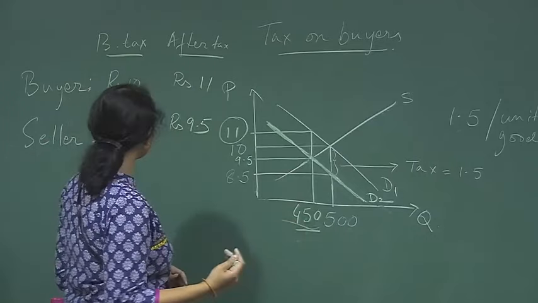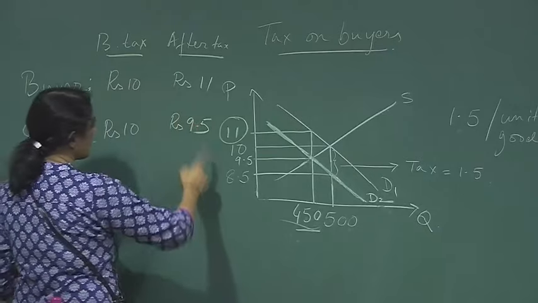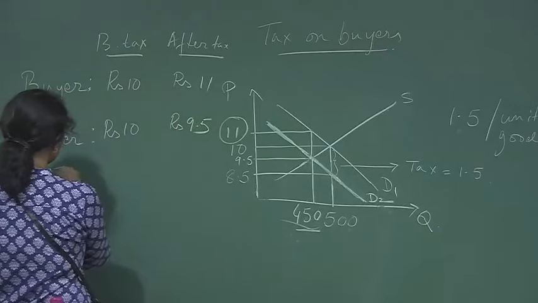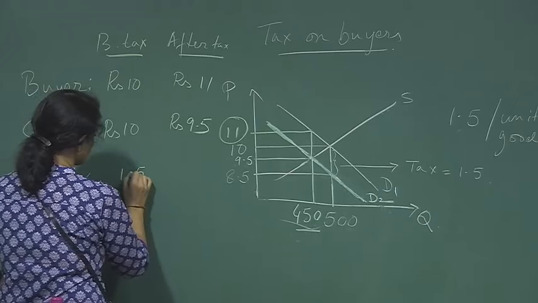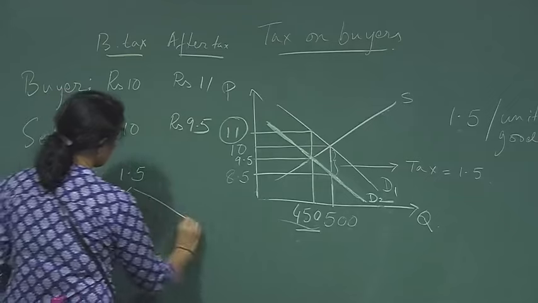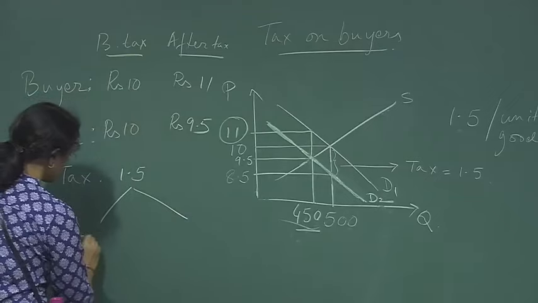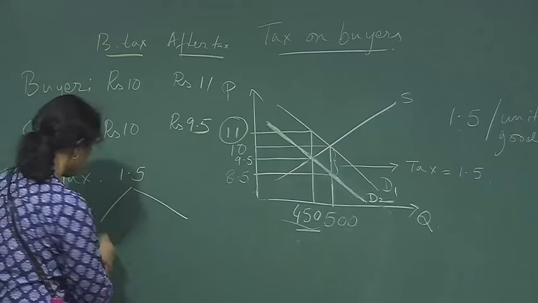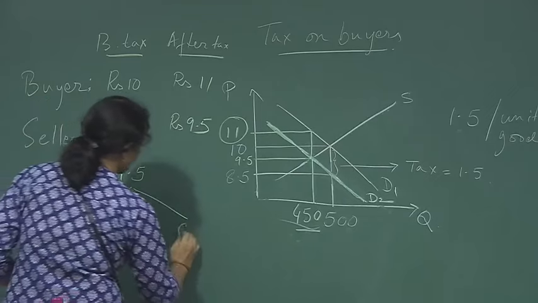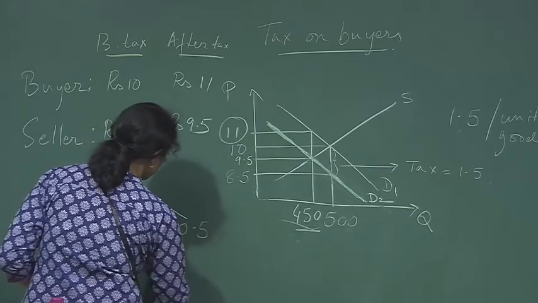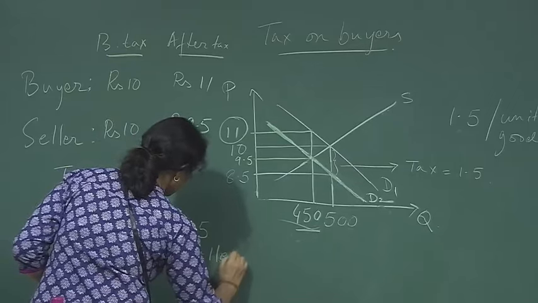So, what do we see from here? We see that the tax of 1.5 is getting split up between the buyer, who is paying a higher price by rupee 1, and 0.5 rupees being paid by the seller.